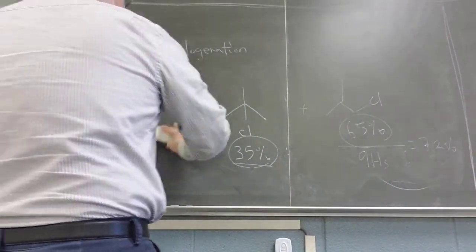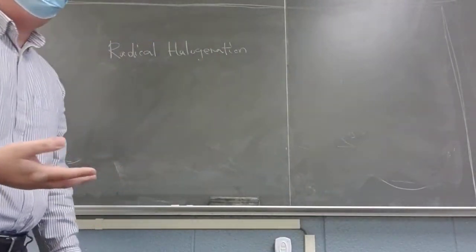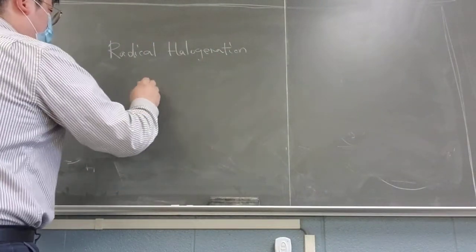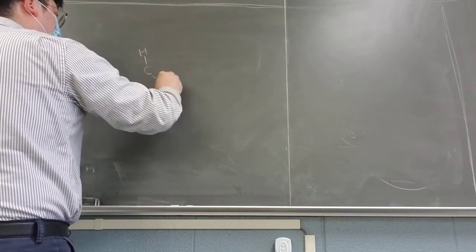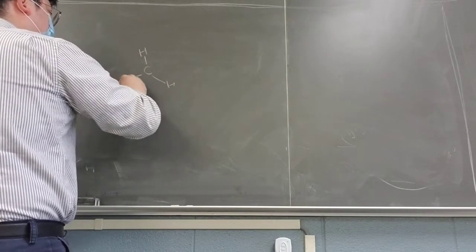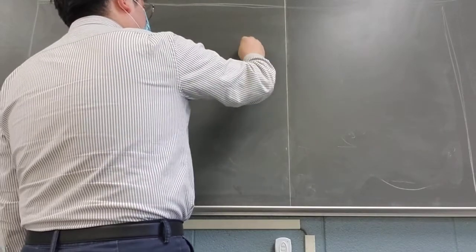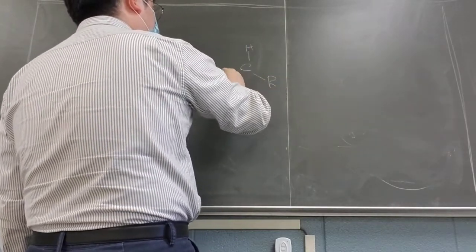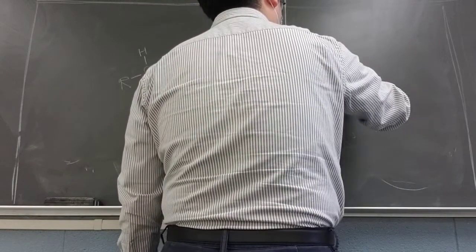So they try to find out the reactivity of those. So what's happening on this radical position? They find out that if you have the primary radical here, secondary radical, tertiary, okay.